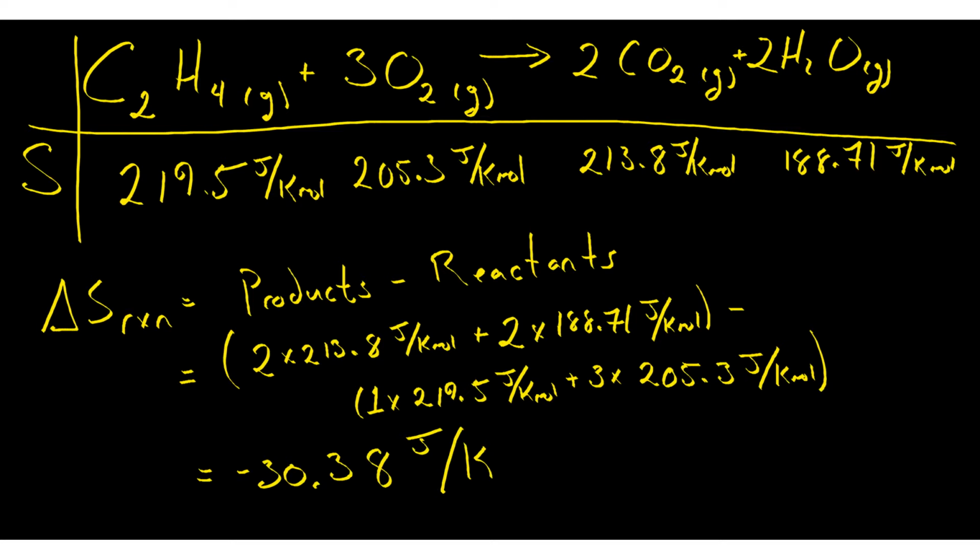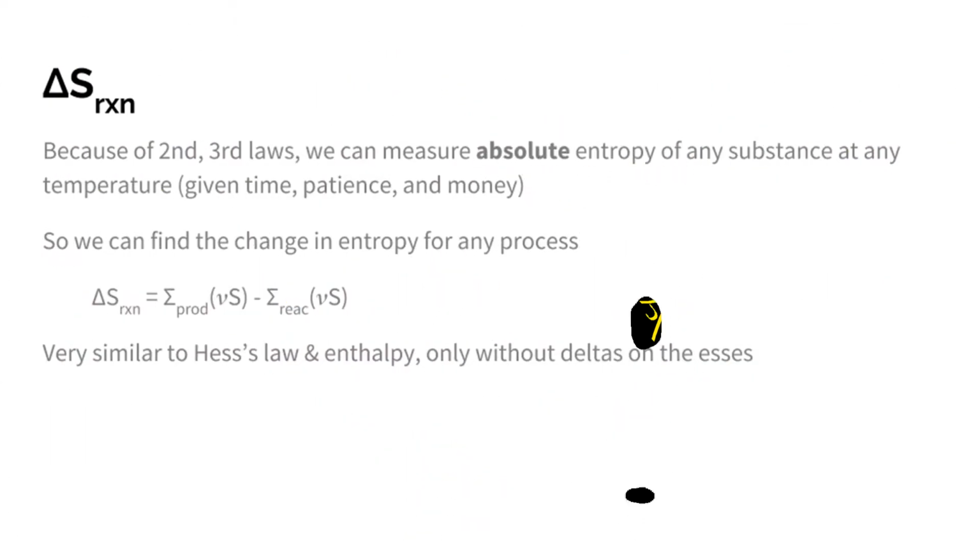Our rule of thumb is just a rule of thumb. Moles of gas versus moles of gas. I mean, if you look, this 30.38, that's pretty small compared to the entropy of each individual gas. When you look at the total entropy at the start versus the total entropy at the finish, the change is pretty small.